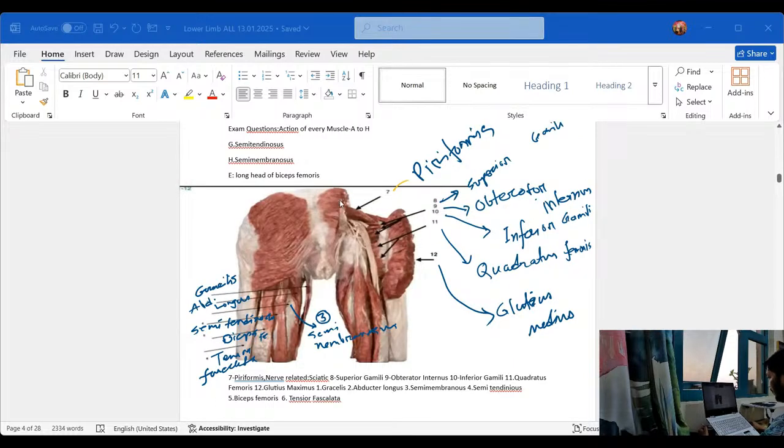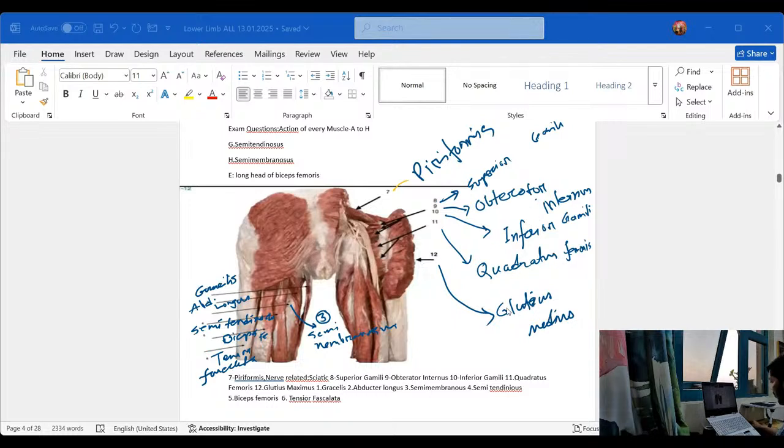Seven piriformis, related to the sciatic nerve. Eight superior gemellus, nine obturator internus, 10 inferior gemellus, 11 quadratus femoris, 12 gluteus maximus.